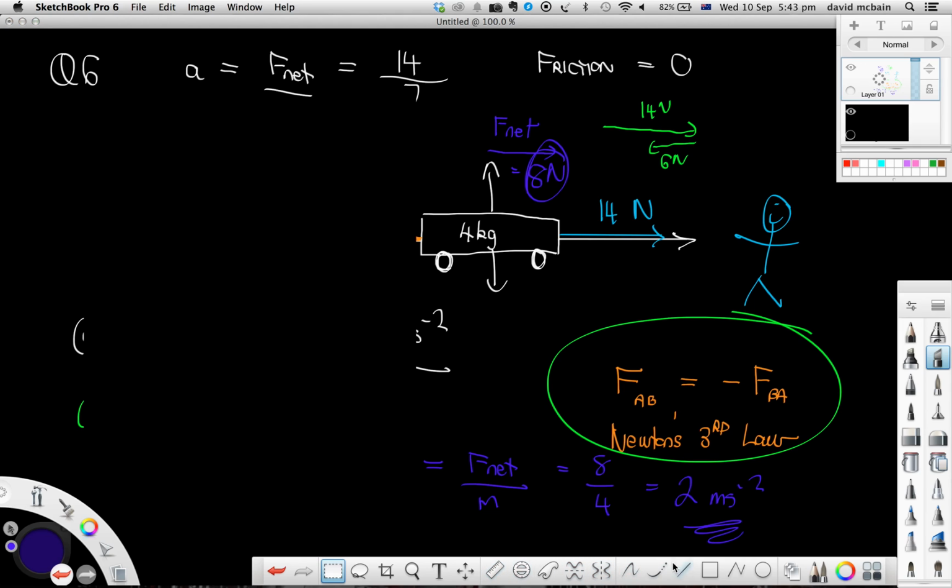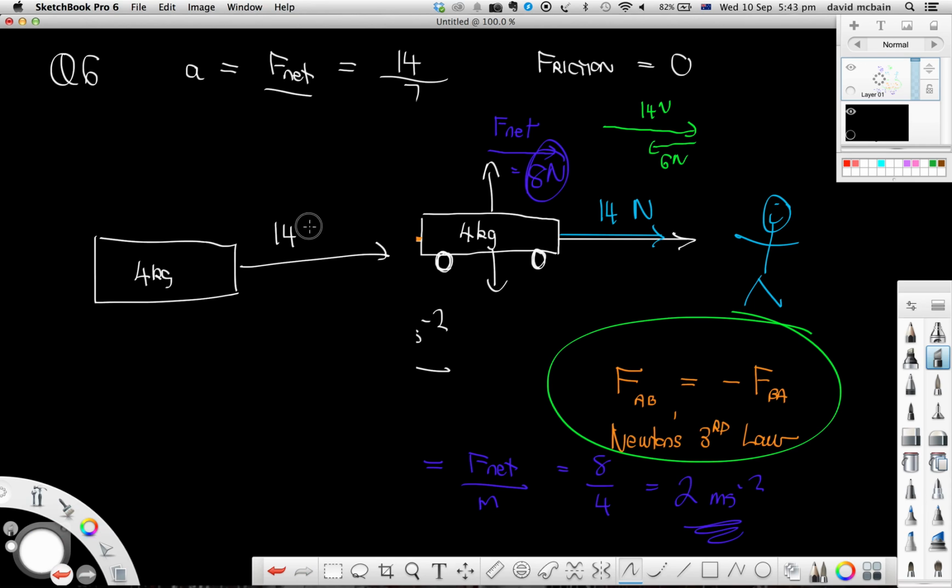That means now this is just a basic Newtonian problem like the ones we would have done earlier. So we've got a 4 kilogram mass. We'll just draw a new picture, if you like. We've got a 4 kilogram mass with a force of 14 newtons pulling it along.